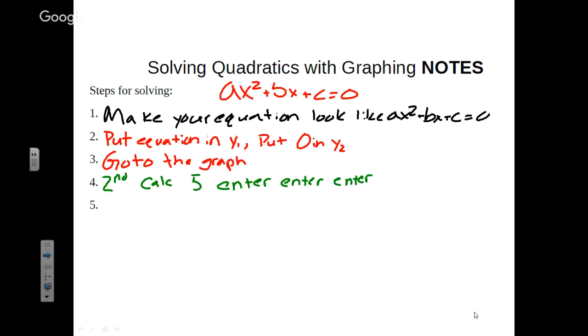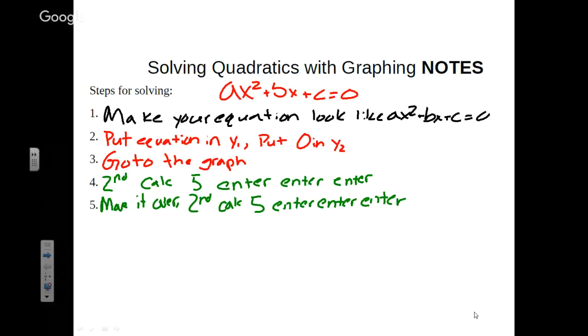And step 5, you move it over to the other intersection, and then you hit second, calc, 5, enter, enter, enter. Now, let me show you what that looks like.